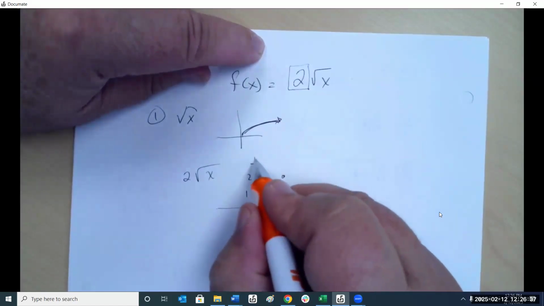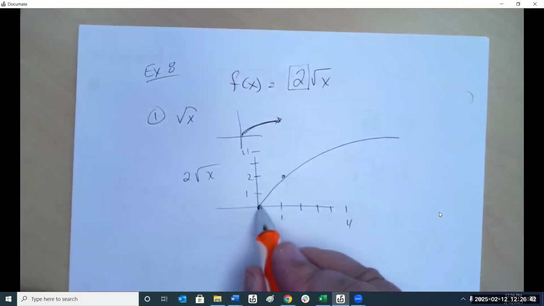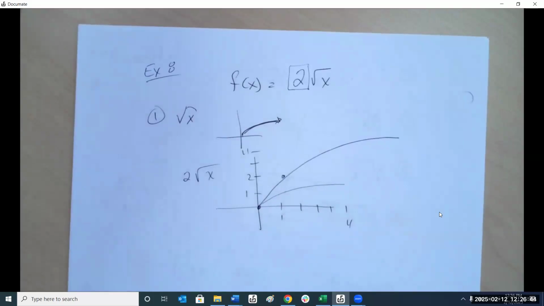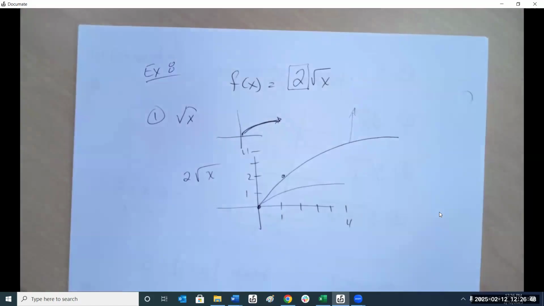Instead of 2, it now becomes 4. So it looks like this. It's much bigger than our original equation. It's a vertical stretch. Because it's happening outside, I'm pulling it up higher.